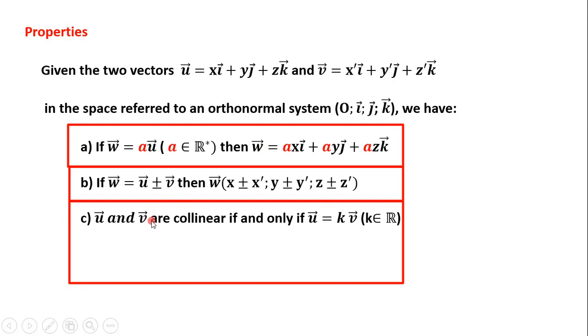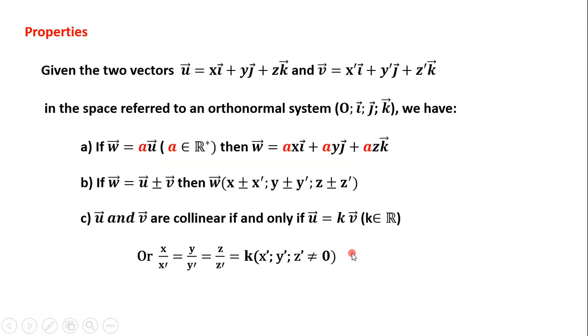If we have two collinear vectors u and v, that means vector u equals k times vector v, with k belonging to R. And this relation exists between the components of vector u and vector v: x over x prime equals y over y prime equals z over z prime equals k, with x prime, y prime, and z prime different from 0.